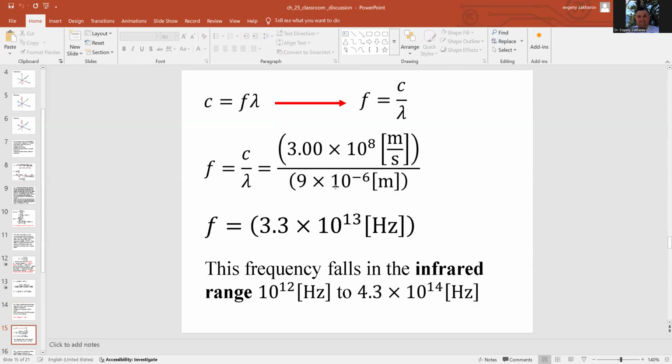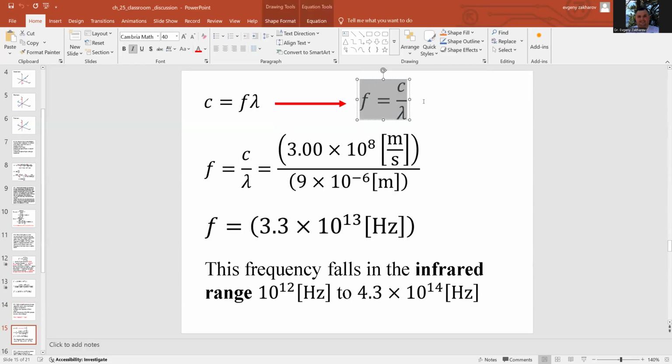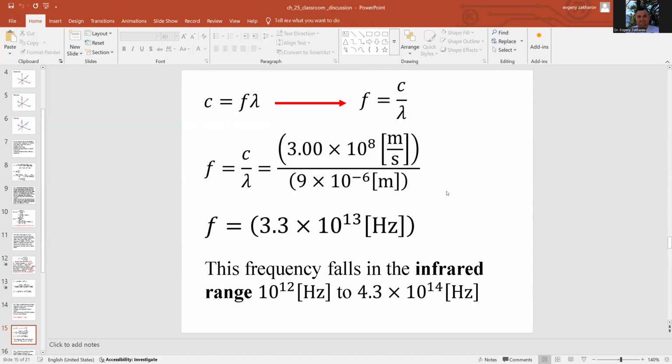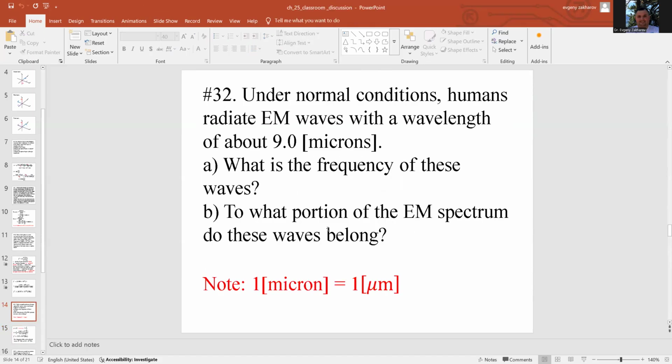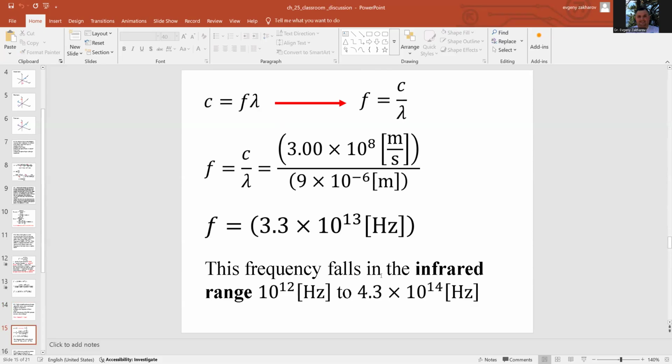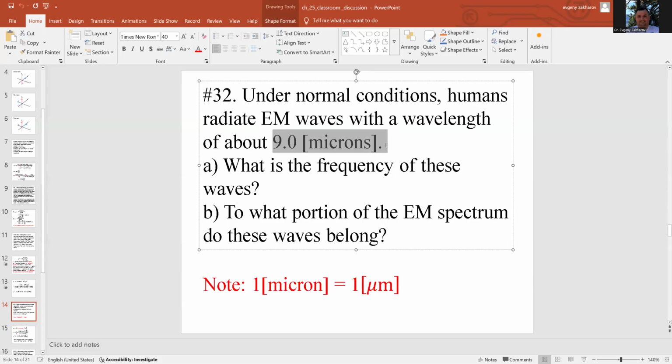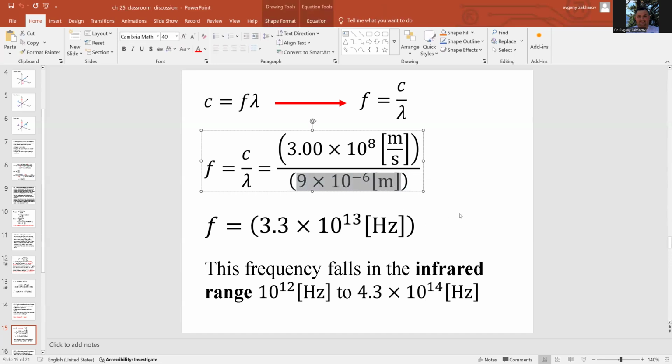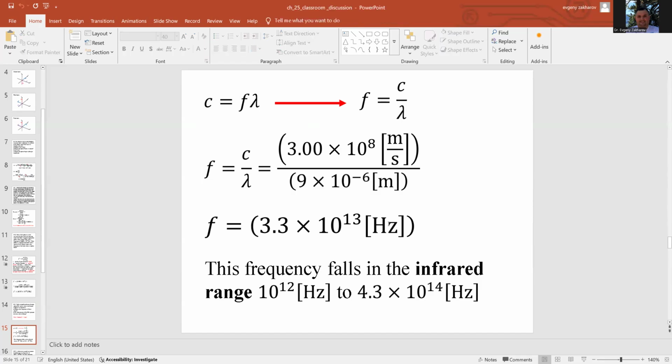So what's the frequency? It's the speed of light divided by the wavelength given. Speed of light is 3 times 10 to the power of 8 meters per second. That's the constant. And because it's microns, you have to convert those: it's not just 9, it's 9 times 10 to the negative 6. Negative 6 is your micro conversion.